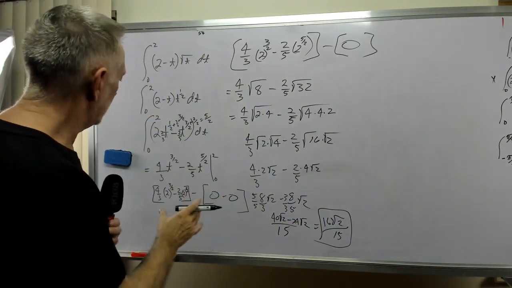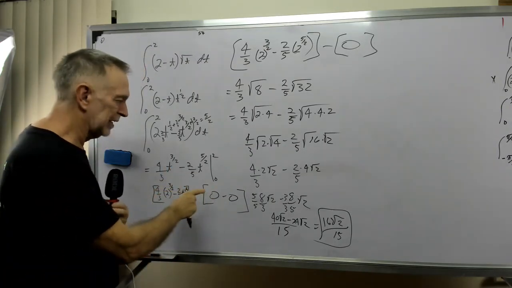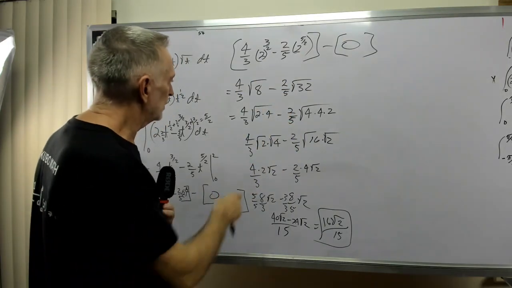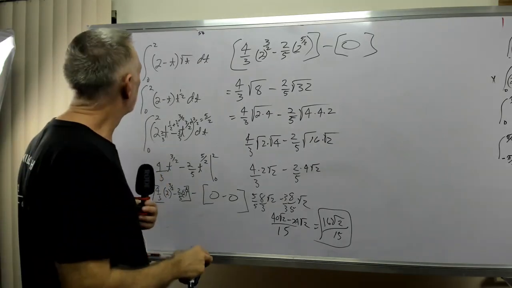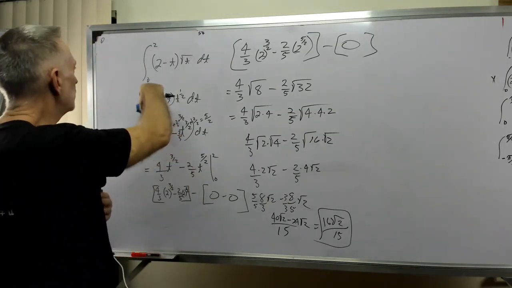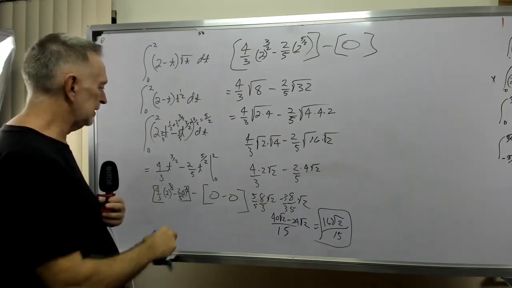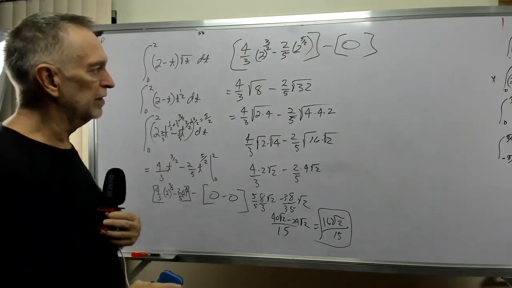You can see, at least for me, the boxes help me keep it organized. Now, one of them fell away. So the integral from 0 to 2 of (2 minus t) times the square root of t dt equals 16 square root of 2 over 15.